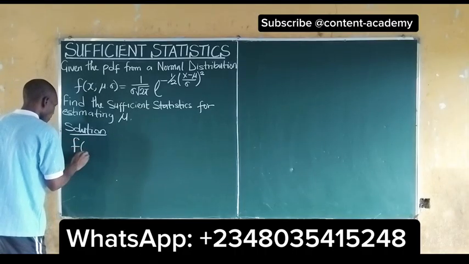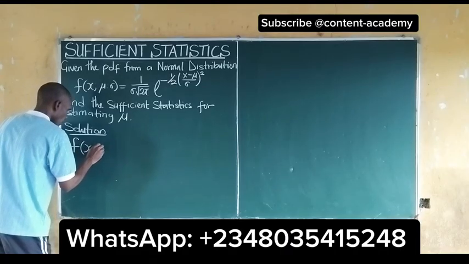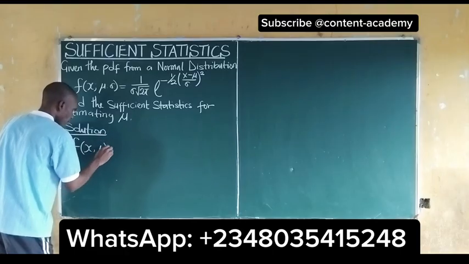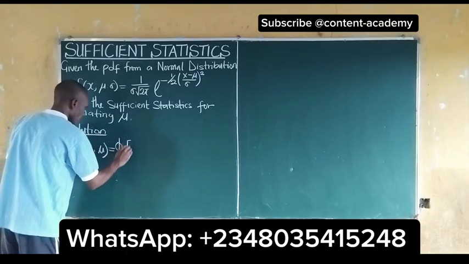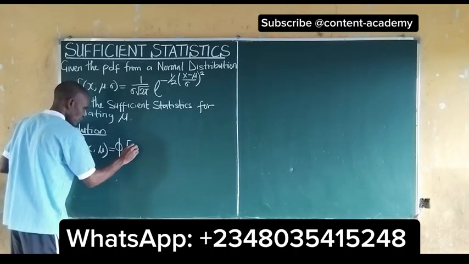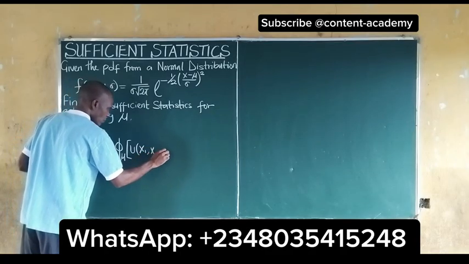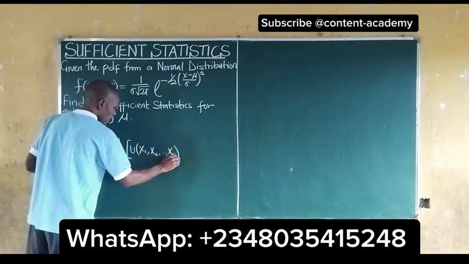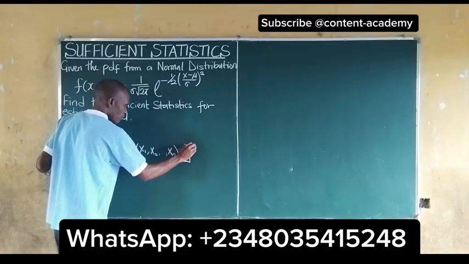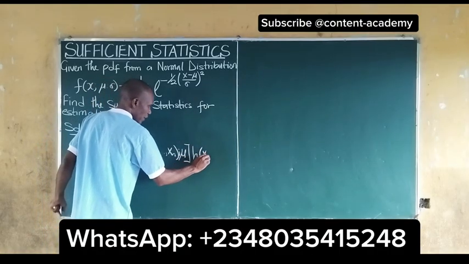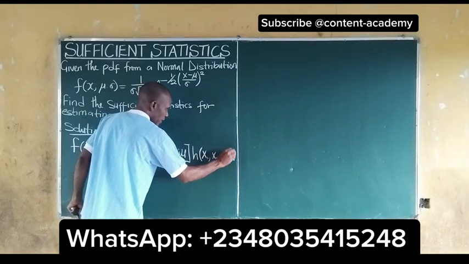We have f of x given mu is equal to phi of u(x1, x2, ..., xn), mu, because it depends on mu, for the first one, multiplied by h(x1, x2, ..., xn).